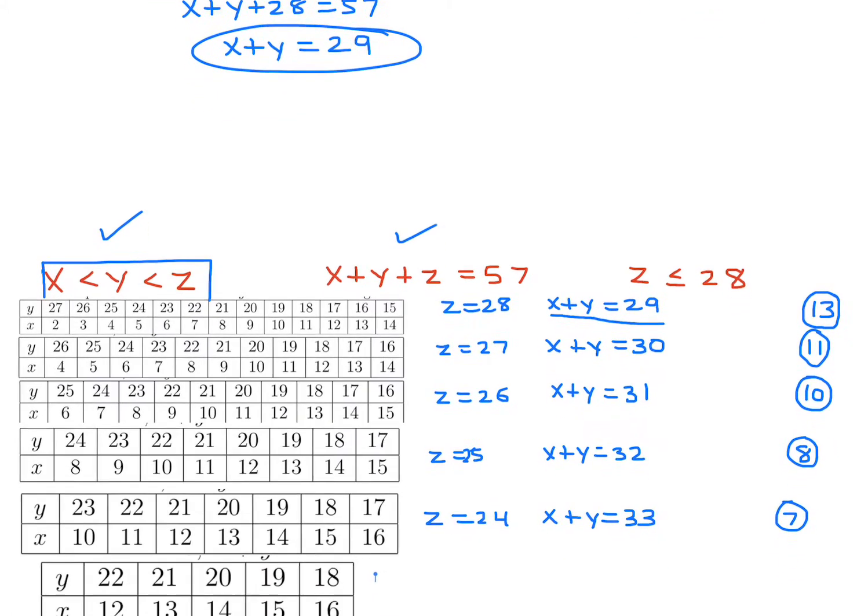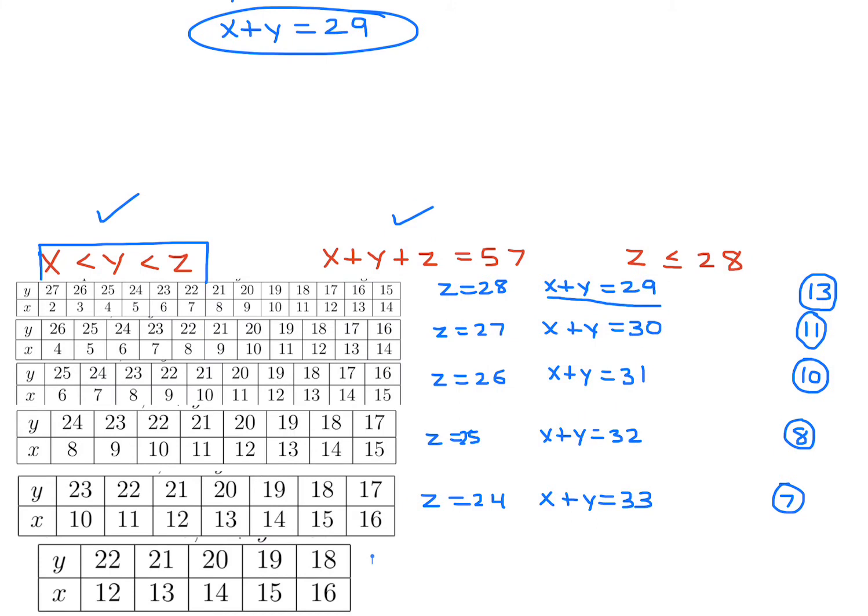There's no real pattern. You think, well, if it was always just one down, 13, 12, 11, then you can just add them all up. But it kind of jumps around here. There doesn't seem to be a distinct pattern. All right, no problem. Let's keep going. When z is 23, x plus y is 34. And again, you make that table, and you get 5.